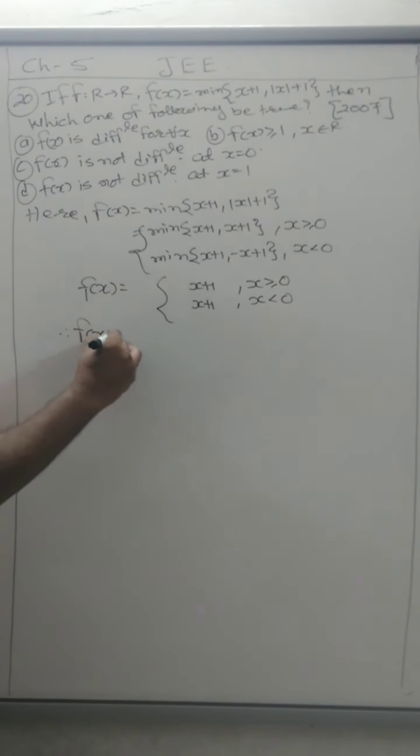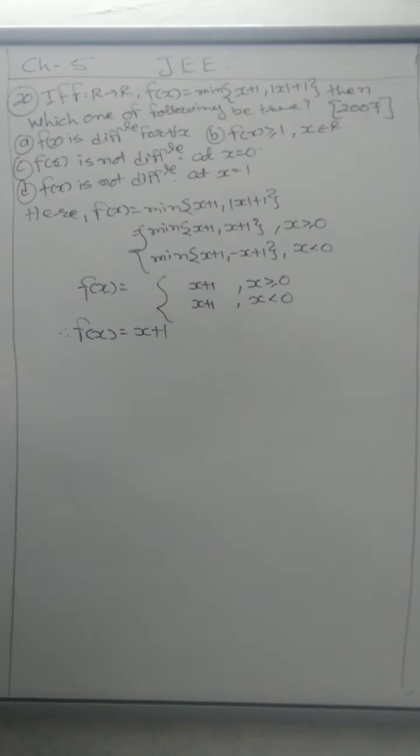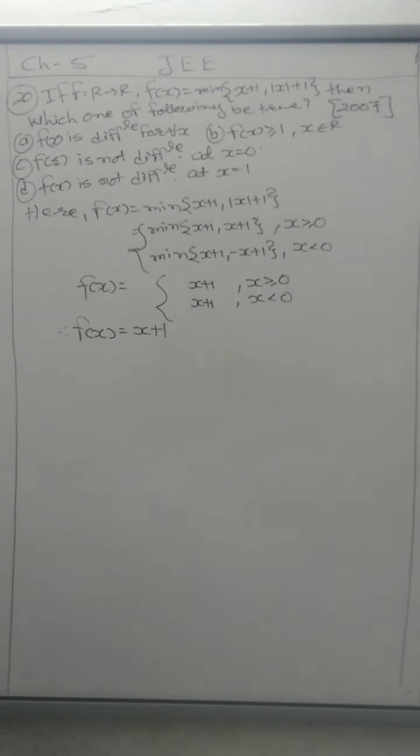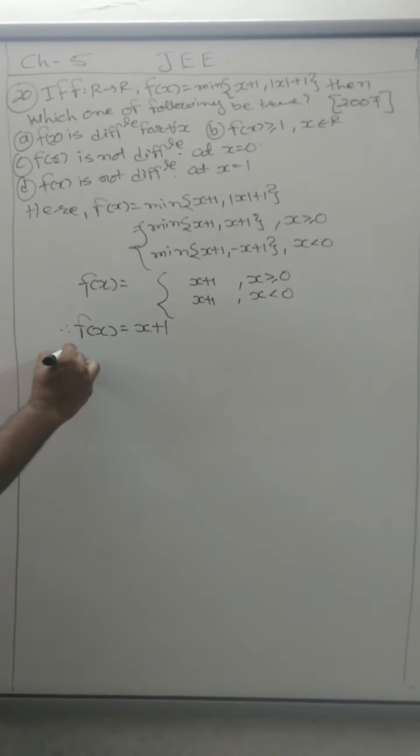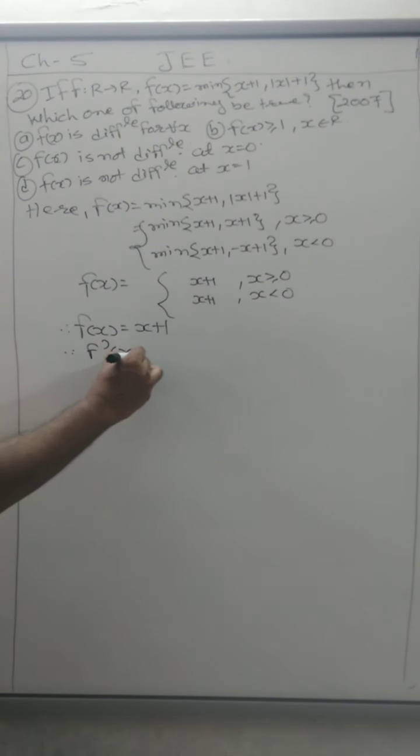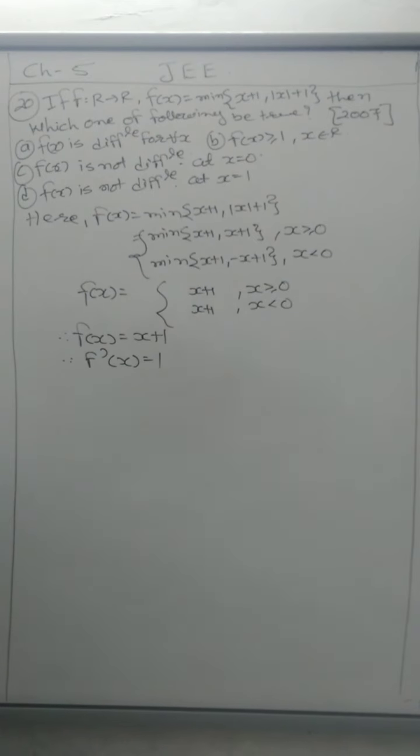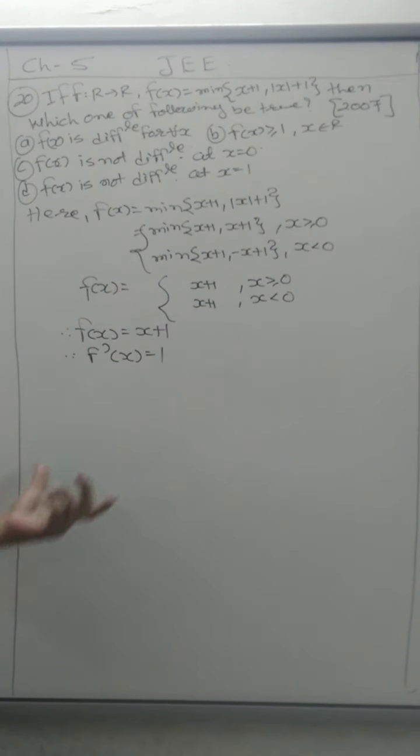Therefore f(x) equals x + 1, and we know that this is a polynomial function, and f'(x) is equal to 1. So we can say that it is differentiable for all x belongs to R, because polynomial functions are differentiable.